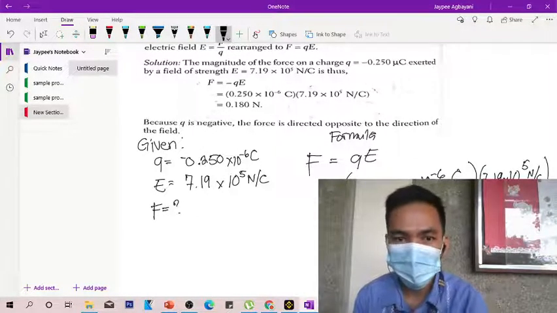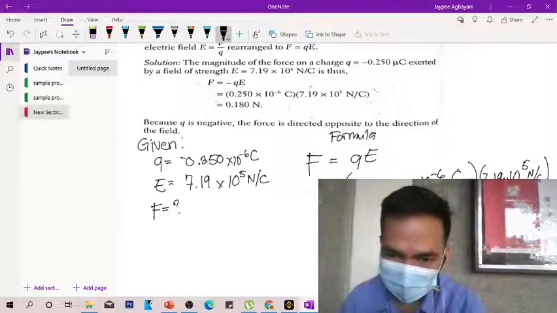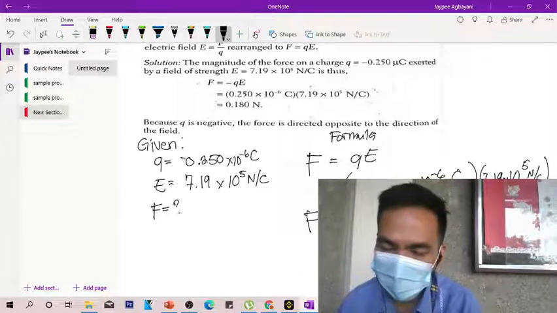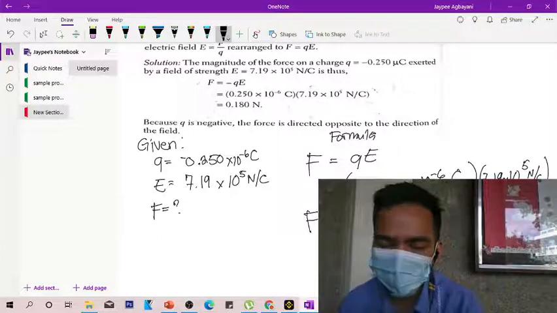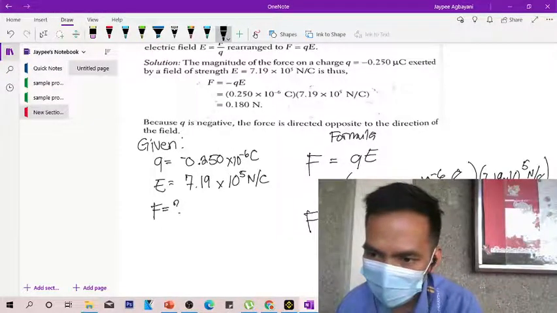So what do we get from the calculator? F is simply 0.17975. Now, what will the unit be? Look, the C cancels out, and we are left with Newton.